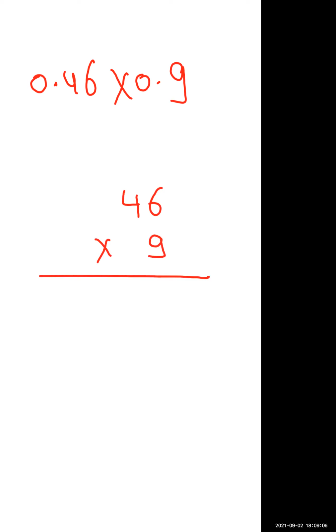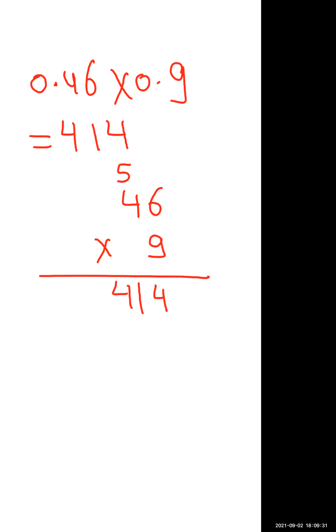Now 9 times 6 will equal 54. So write down 4 and carry over 5. 9 times 4, 36, plus 5, 41.